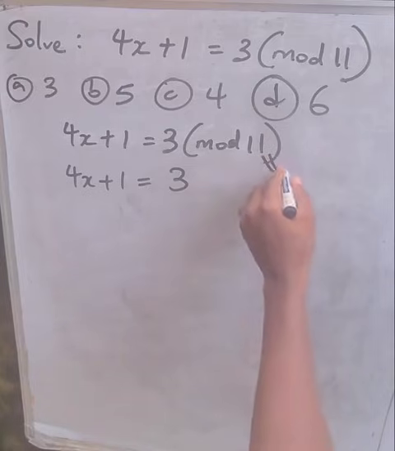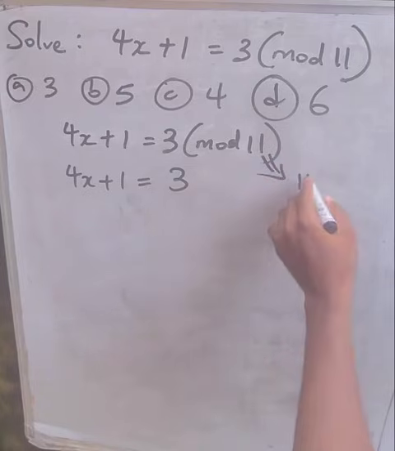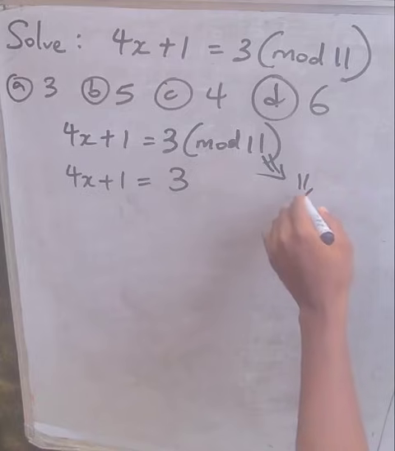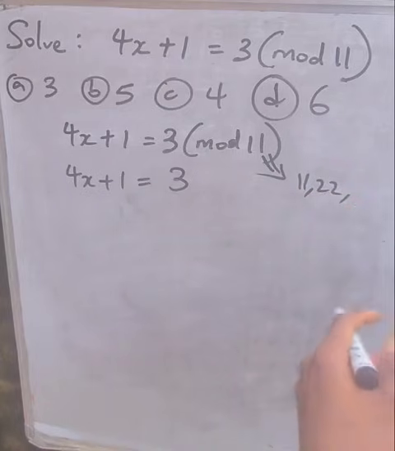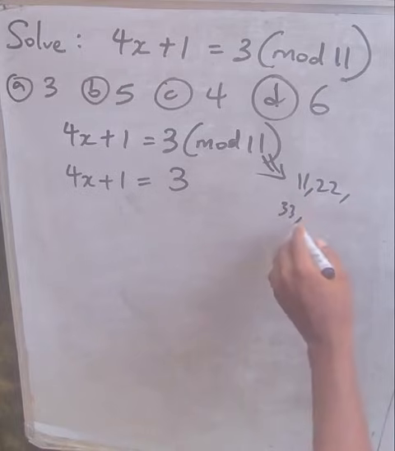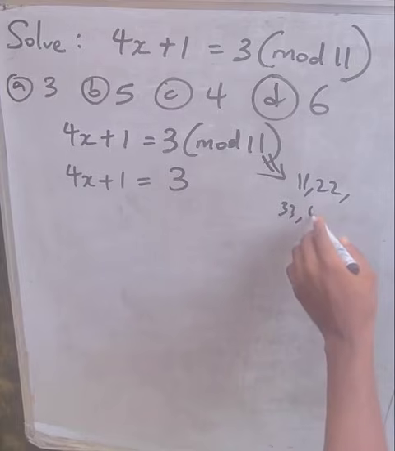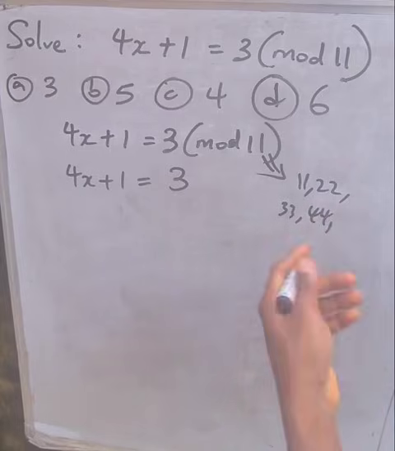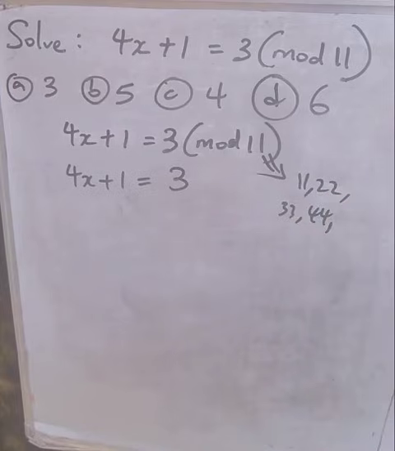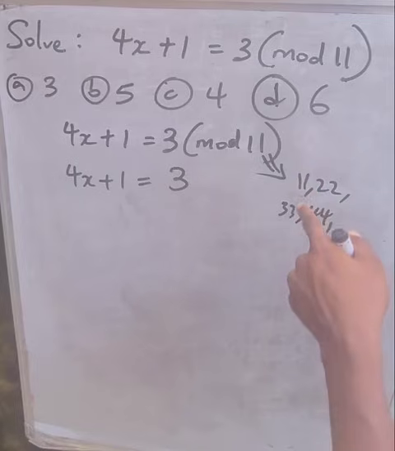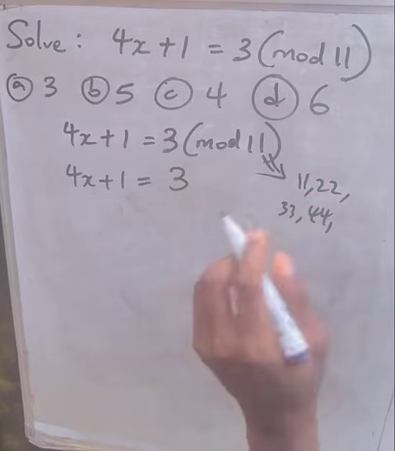In mod 11, 11 is 0. 22 in mod 11 is 0. 33 in mod 11 is 0. 44 in mod 11 is 0. So all those numbers, in fact, all the multiples of 11, are all 0 in mod 11.